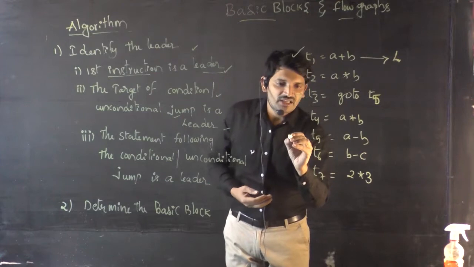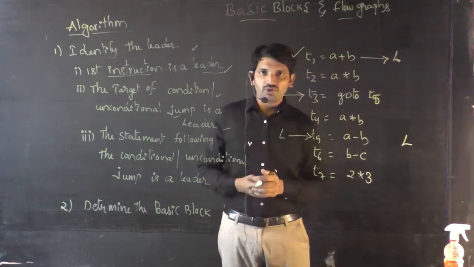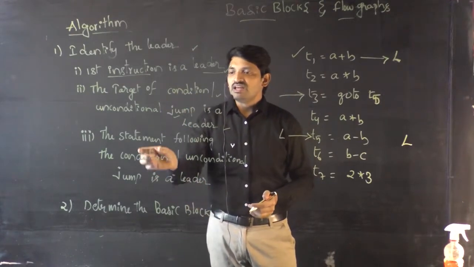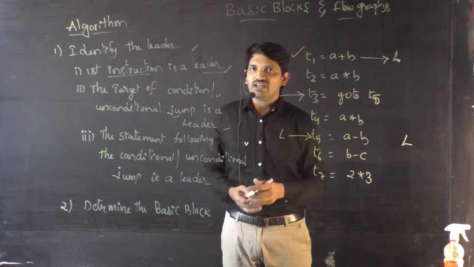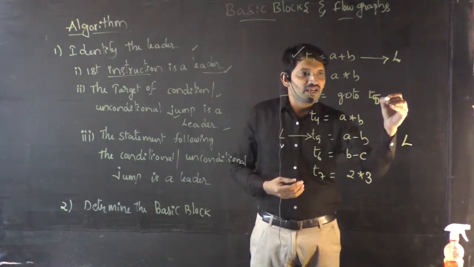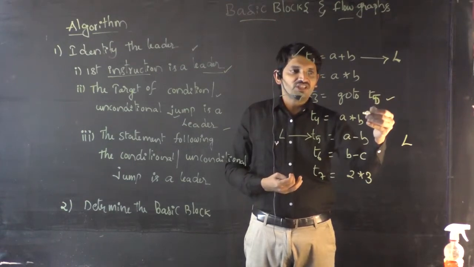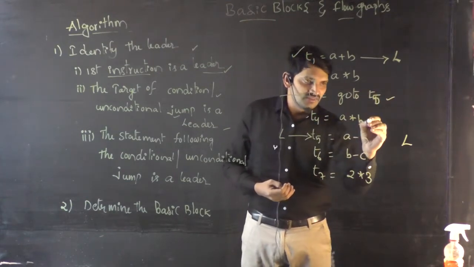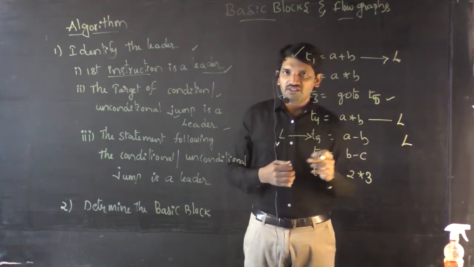That means T5 is my new leader. Next, the third one: the statement following the conditional or unconditional jump is a leader. Here this is the unconditional jump statement, so the instruction following it, T4, is also a leader. So there are 3 leaders here.